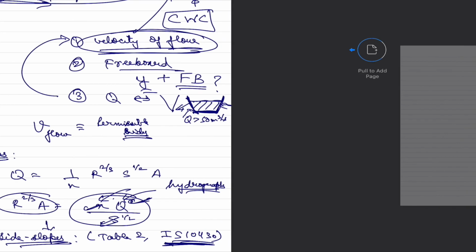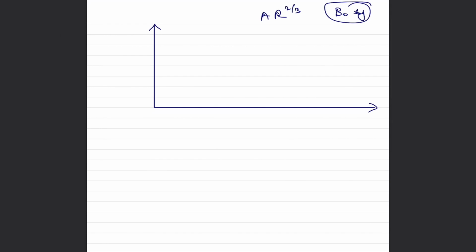Now, once we decide the side slope, we have already introduced some design curves, using which you should be able to compute the variation of A R to the power 2 by 3 with B naught as well as Y. And once you use these design curves, you should be able to come up with the Y.